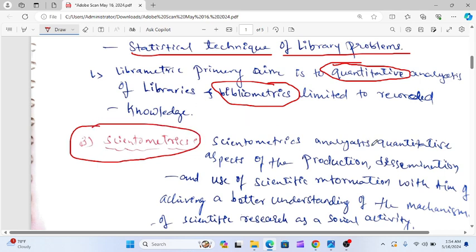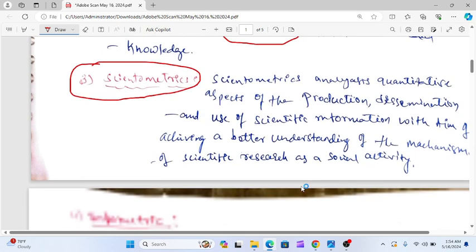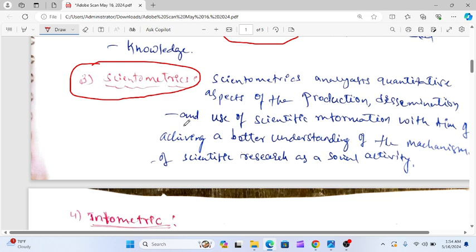Scientometrics is an analysis of quantitative aspects of the production, dissemination and use of scientific information, with the aim of achieving a better understanding of the mechanism of scientific research as a social activity.